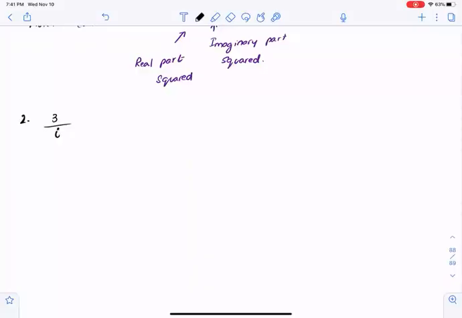So the conjugate of plus i is minus i. So multiply and divide by the conjugate. So minus i over minus i. So we would have 3 times negative i, negative 3i, divided by i times negative i.